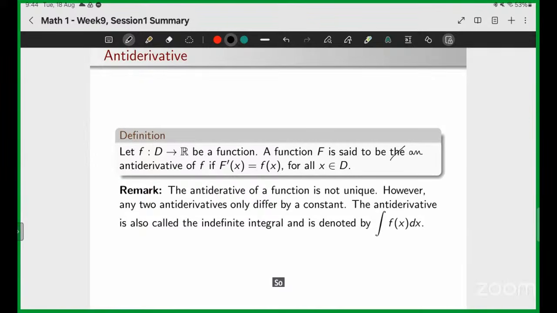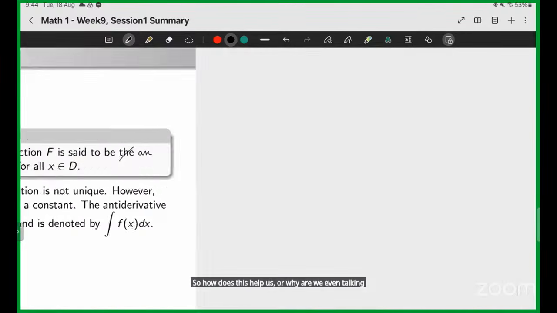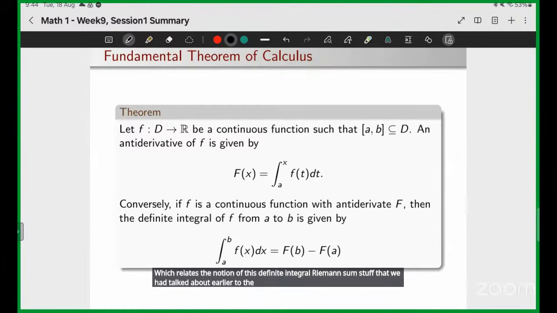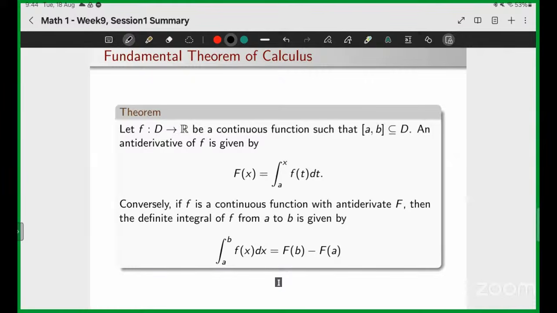So how does this help us, or why are we even talking about this? It is the fundamental theorem of calculus, which relates the notion of this definite integral, the Riemann sum stuff that we had talked about earlier, to the notion of antiderivative. We had said earlier that if I take partitions of the interval of definition and do the Riemann sums, take finer and finer partitions, take the limit, I will get a real number.